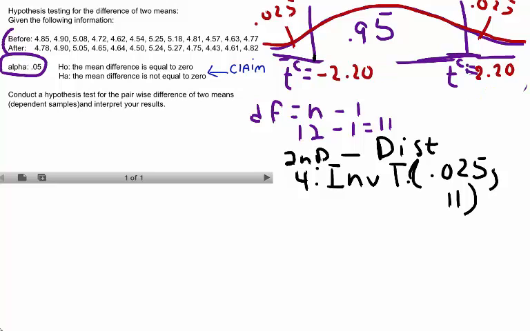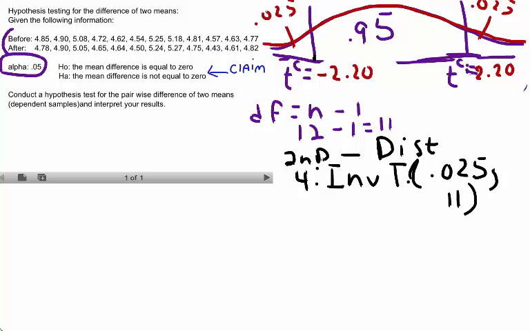Next, we'll use our graphing calculator to enter our data and set up a hypothesis test. We'll begin by entering our before values into L1, our list 1 in our calculator, and then entering our after values into list 2, or L2.